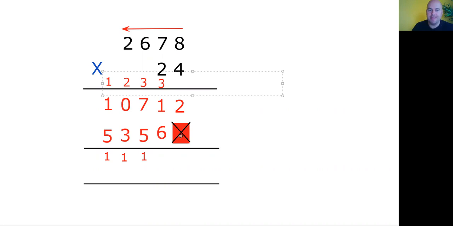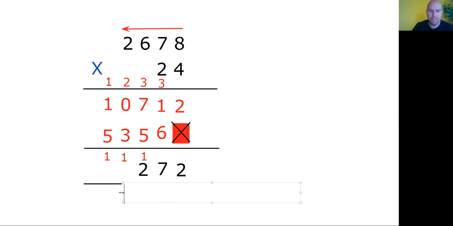So 2 add nothing at all gives us 2. 6 add 1 will give us 7. 7 add 5 is 12. So we're going to carry. That's no problem because we've left ourselves some space here. So it's 12.